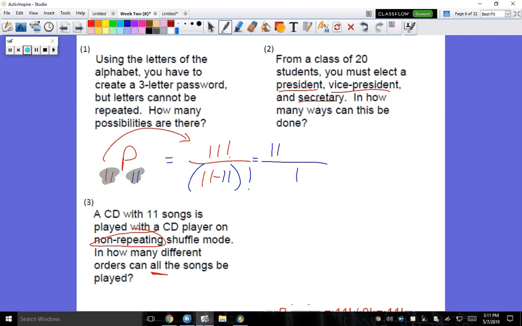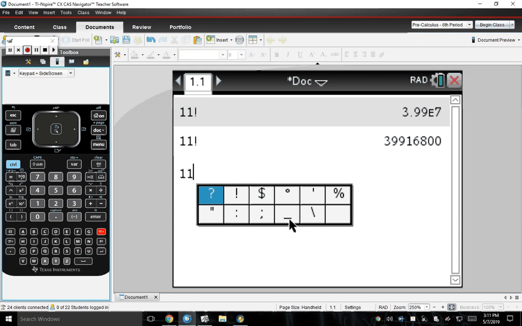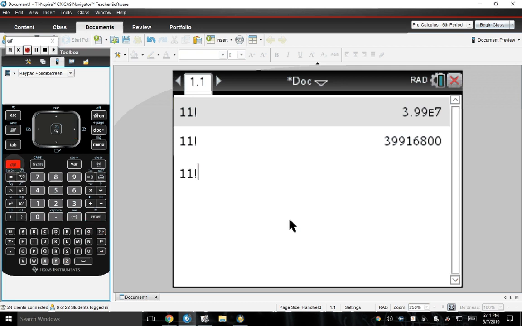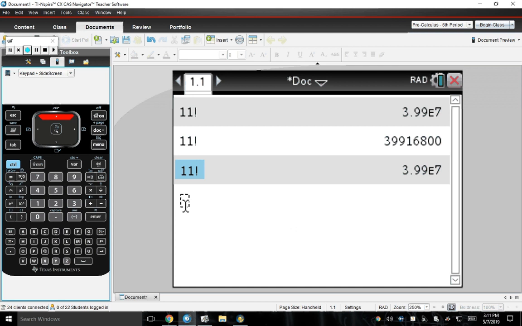And 11 factorial is 11 times 10 times 9 times 8 times 7, all the way down to times 1. So let's go to the calculator real quick. 11 factorial, your button's right there. It's the second one to the right. And then control enter for the decimal. Or you can just press enter and it'll give you the full number, which in this case is 39,916,800 different ways.